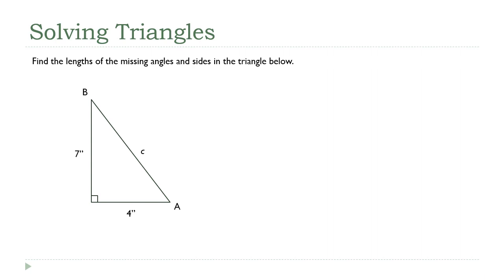Okay, well, let's think about angle A first. The tangent of A. Remember, tangent is the opposite side's length divided by the adjacent side's length. And for our triangle, that's going to be 7/4.